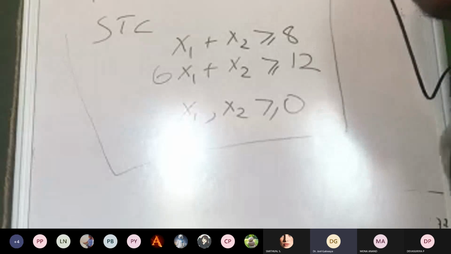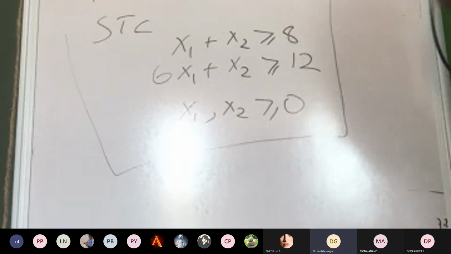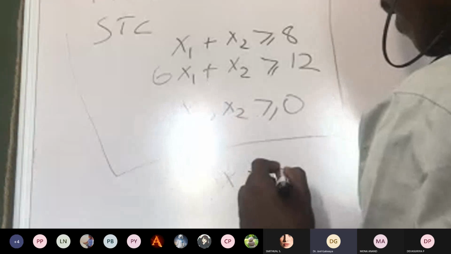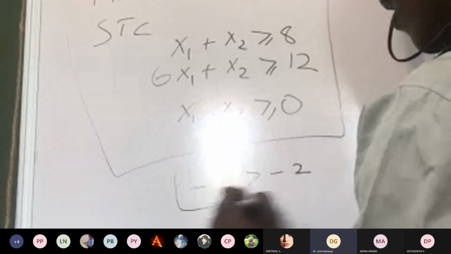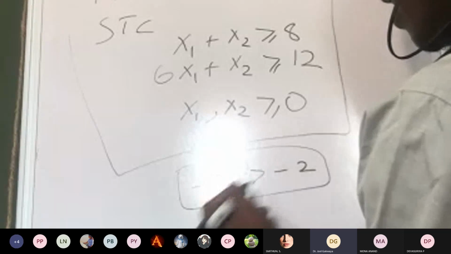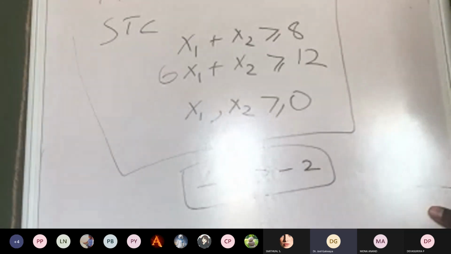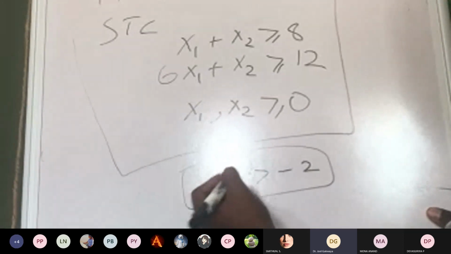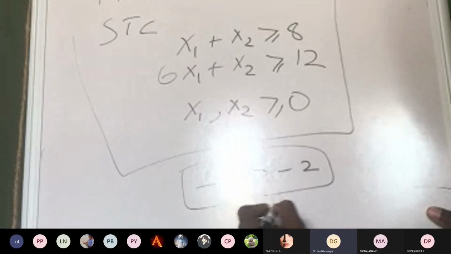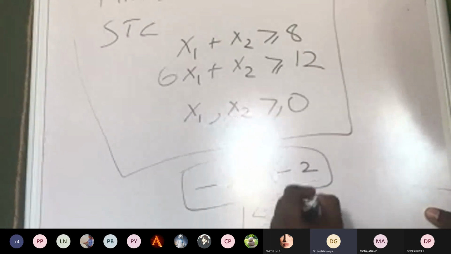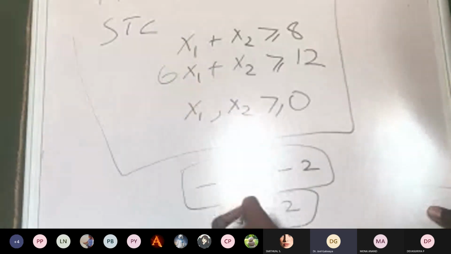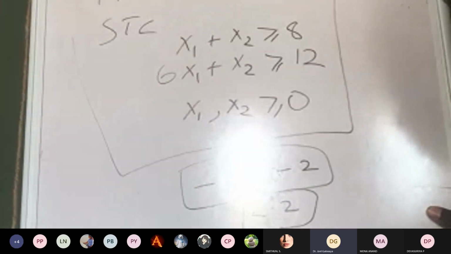He said that from his childhood he has learned that when both sides have a negative sign, for example -x1 > -2, there is no point in changing the sign. But in fact, when a variable has a negative sign, it has to change the sign so that it becomes positive. Even if both sides have the sign, for the graphing purpose it has to change.